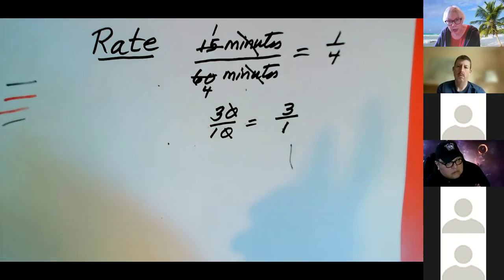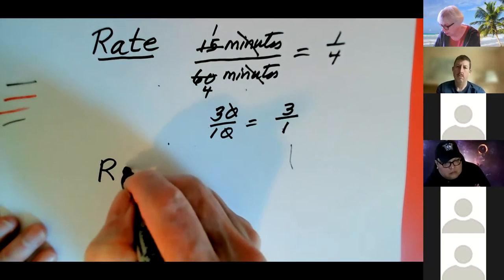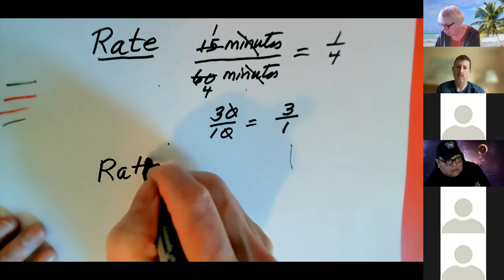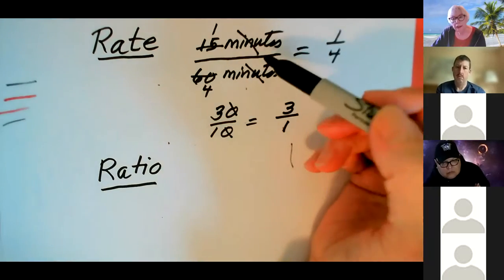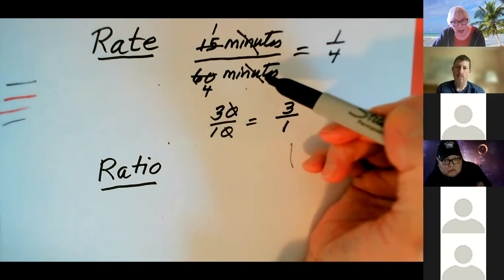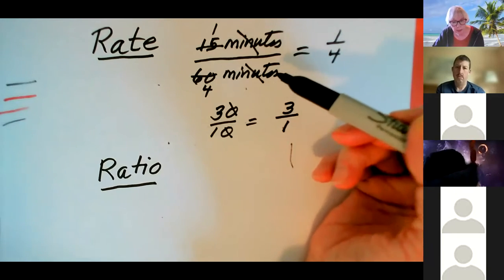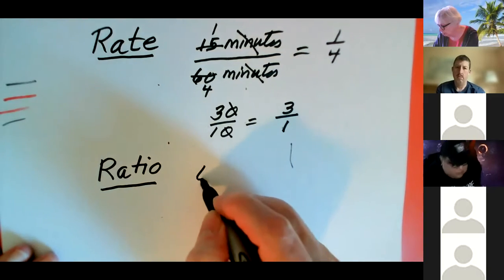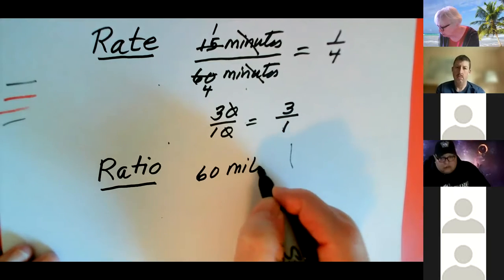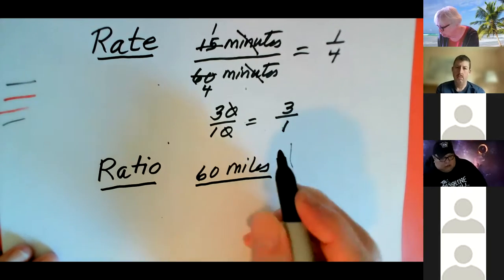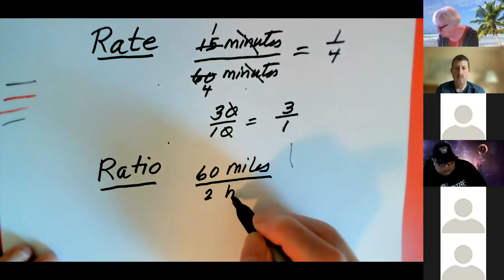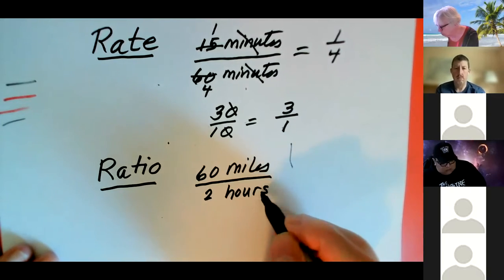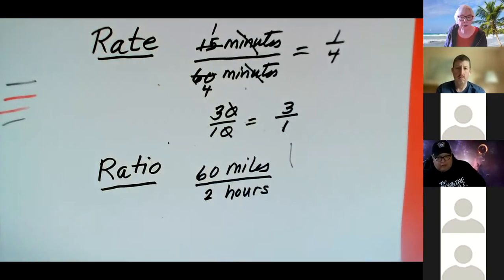Now, in the second section, they had ratio. And in this particular case, the two things that are being compared may not be the same unit. So for instance, if we had 60 miles compared to 2 hours, miles and hours will never cancel, so don't even try it.